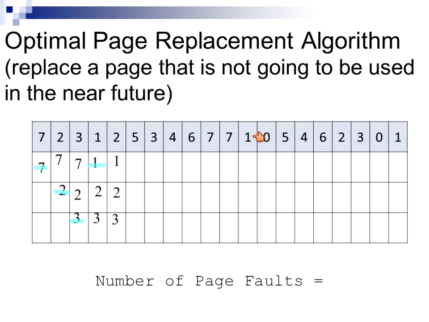So I would decide to swap out page 2. Page 1 is going to remain, page 5 is going to come in where page 2 was, and page 3 will remain. Because my choices were 1, 2, and 3, and 3 and 1 were going to be used before page 2, so I swapped out page 2. And that was another page fault.